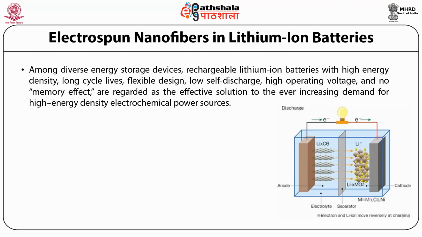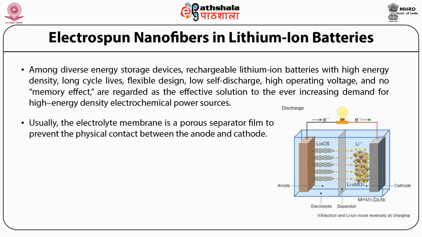A typical lithium ion battery consists of an anode and a cathode separated by an electrolyte containing dissociated lithium salt, enabling the transfer of lithium ions between the two electrodes. Usually, the electrolyte membrane is a porous separator film to prevent the physical contact between the anode and cathode.